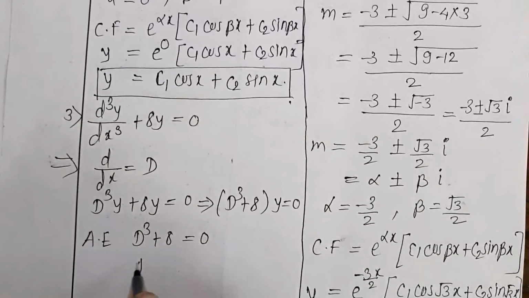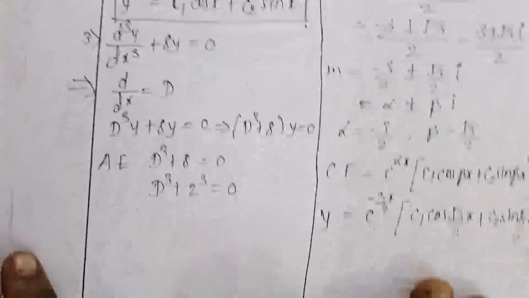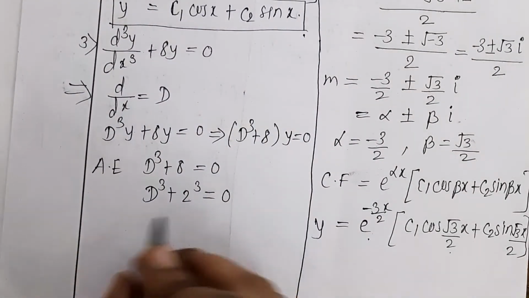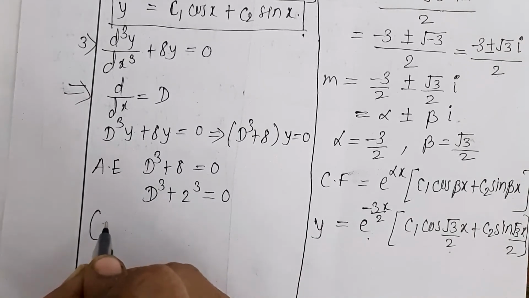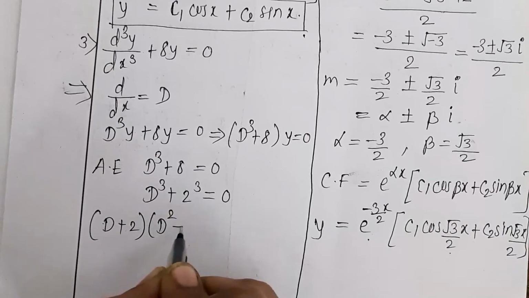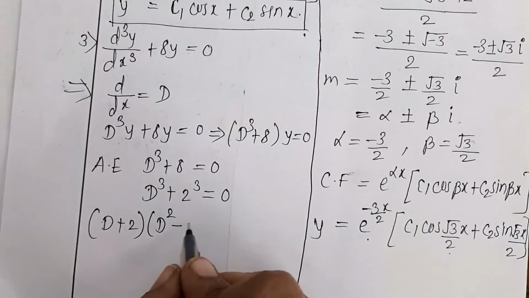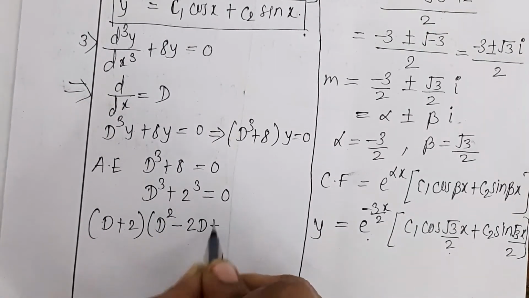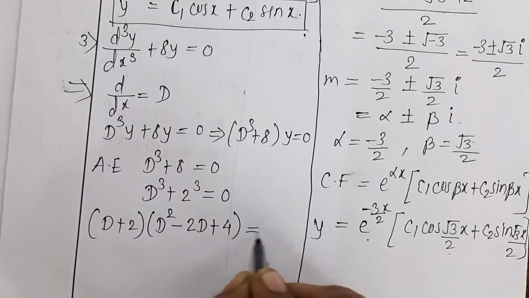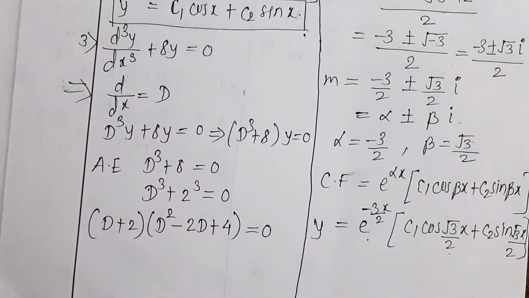Now it can be written as D cube plus 2 cube is equal to 0. What is the formula for a cube plus b cube? a cube plus b cube is a plus b multiplied by a square minus ab plus b square. So that is D plus 2 multiplied by D square minus 2D plus 4, which is equal to 0.